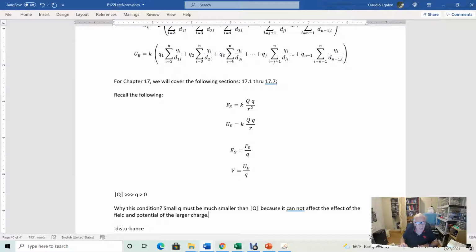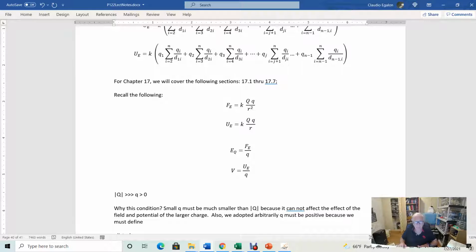Small q must also be positive. It's not like it must be positive. We adopted q to be positive arbitrarily.